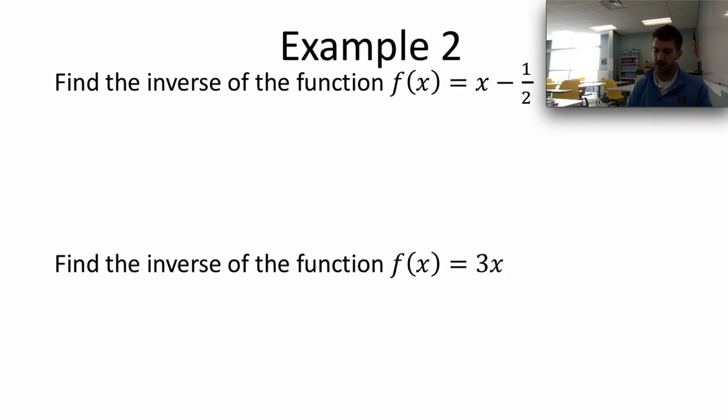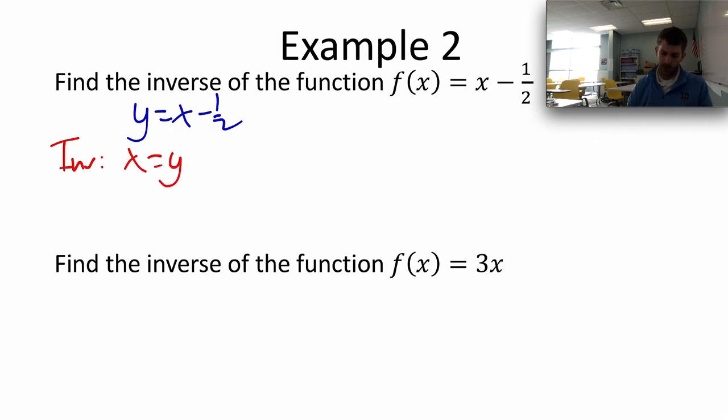So on example 2, I've got 3 examples here. For non-honors Algebra 2, your format's going to be a little different in the order, but it's the exact same problem. So just make sure you're hunting and finding out which problems are which. Again, I'm going to start off by rewriting this function as y equals x minus a half. The inverse would just be x equals y minus a half.